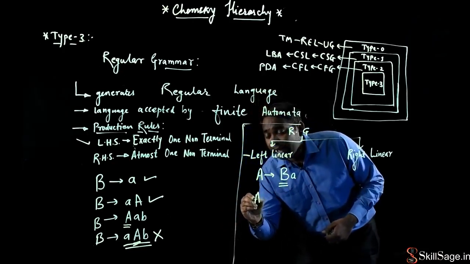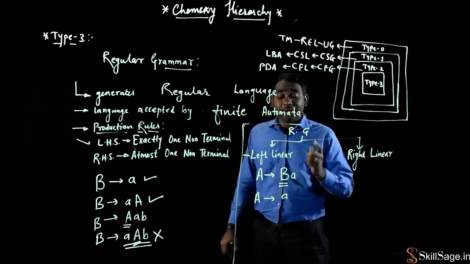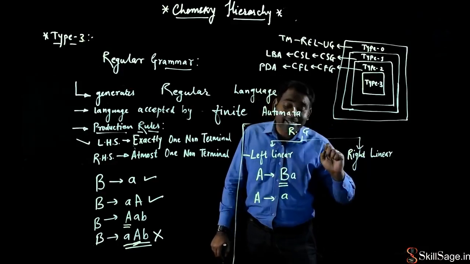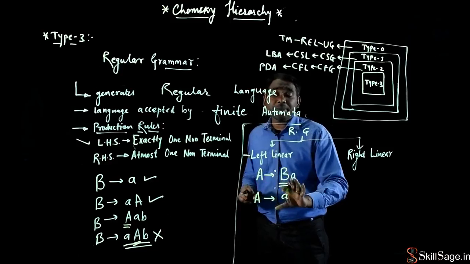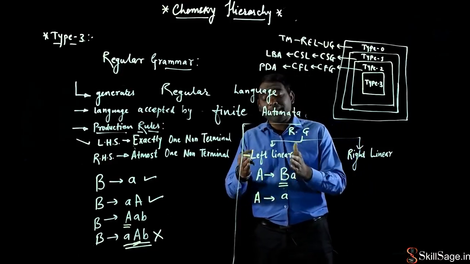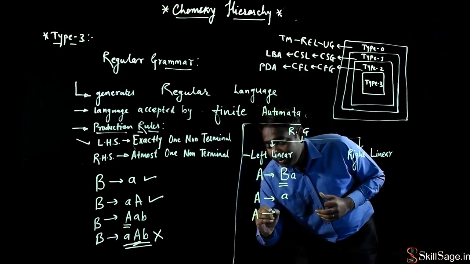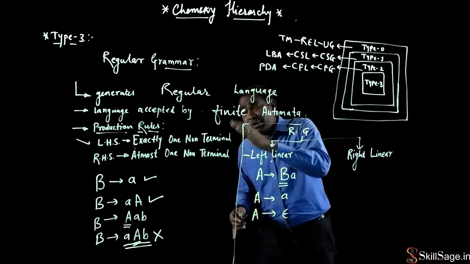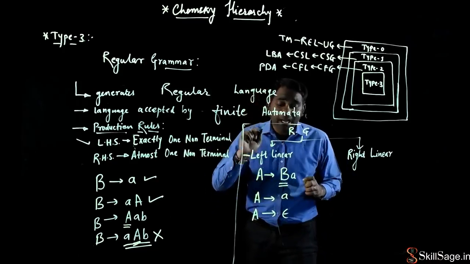Right? Here I can say that this is allowed. If there is none, that is fine; if there is one, then a maximum of one non-terminal symbol will be on the right hand side. Here, zero non-terminal symbols are present on the right hand side, even then I can say that this is a valid production of a regular grammar, and this is my left linear grammar. A produces epsilon. Again, on the right hand side the only thing we need to consider is that at most one non-terminal symbol has to be there.